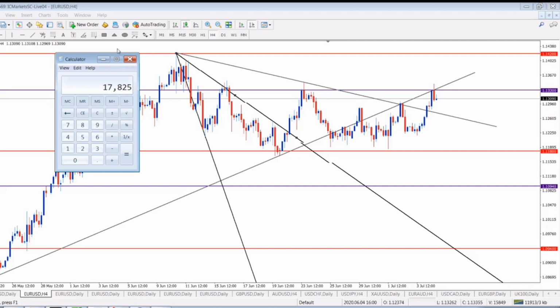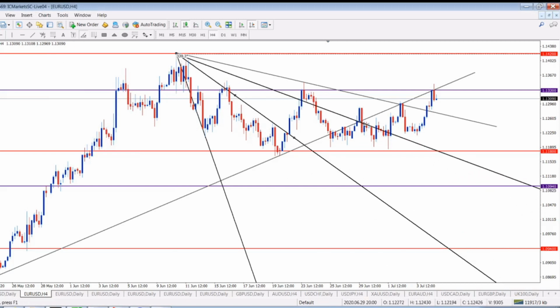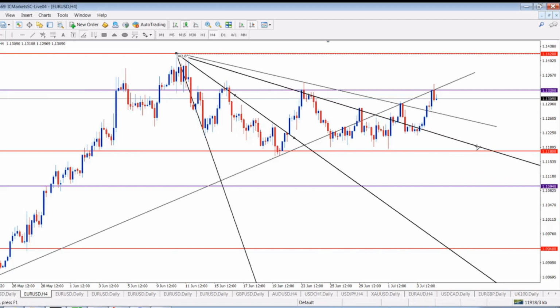We get 17.82. Let's make it 18 just roughly, to make it simple. 18 degrees, so if you subtract 18 degrees from 360, we get 342 degrees. So let's draw another one, 342 degrees. Here we go. That's the line.